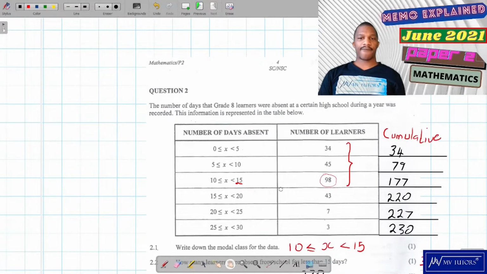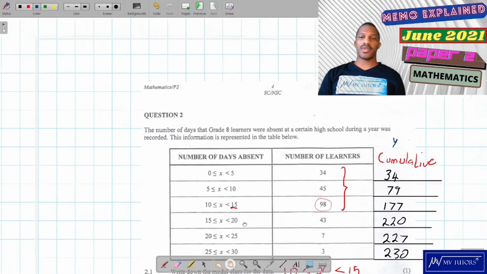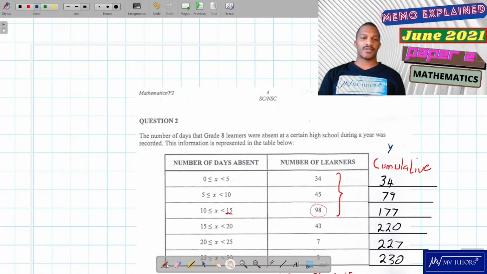Now I want you to know that the cumulative frequency always goes on the y-axis. And then we're going to put the number of days absent on the x-axis.